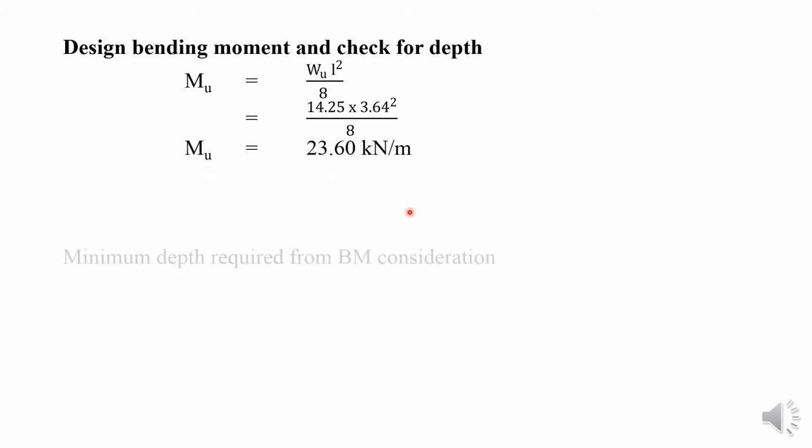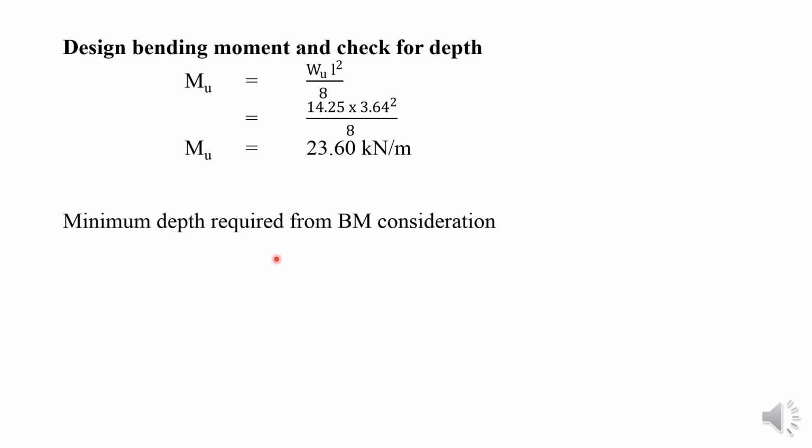Next we have to find out the design bending moment and check whether the given depth is enough to carry that bending moment. So first we have to find out the bending moment. M is equal to WL square by 8. Substitute the value of W of 14.25 into 3.64 square divided by 8. So that will be equal to 23.60 kN per meter. So minimum depth for this moment we have to calculate. Mu is equal to 0.138 fck into b d square.